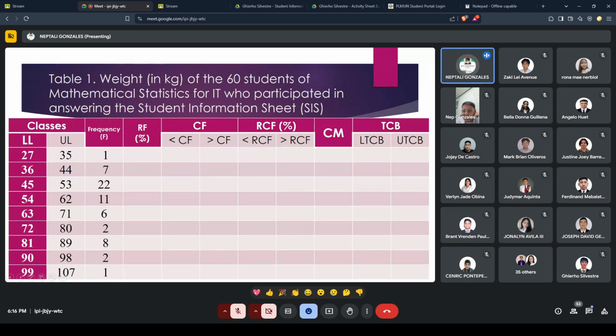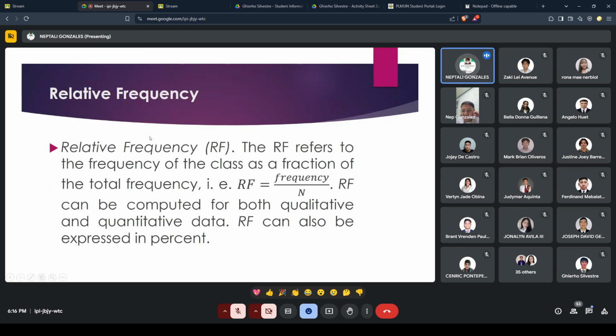Since it is indicated here that this is in percentage, it's very easy to compute for the relative frequency.